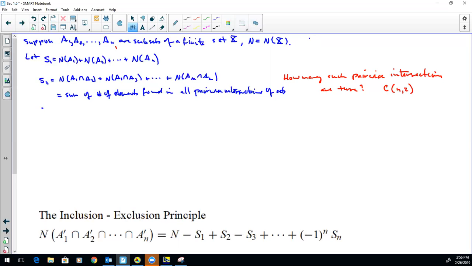Let S3 be the number of things in A1 intersected with A2 intersected with A3, plus the number of things in, this is the sum of the number of elements found in all intersections of 3 sets at a time.